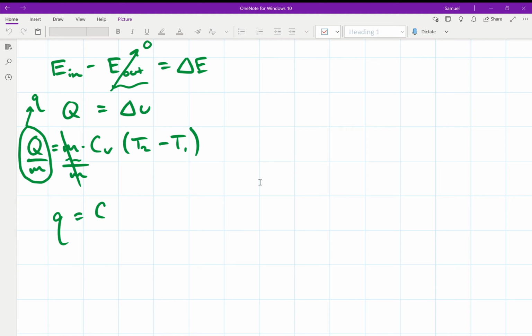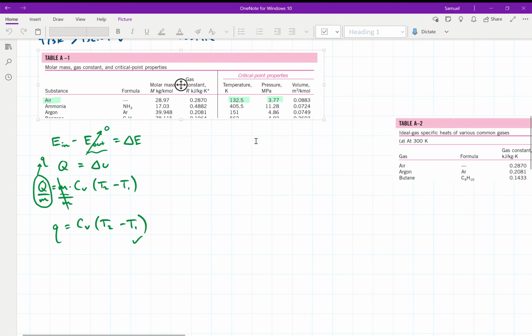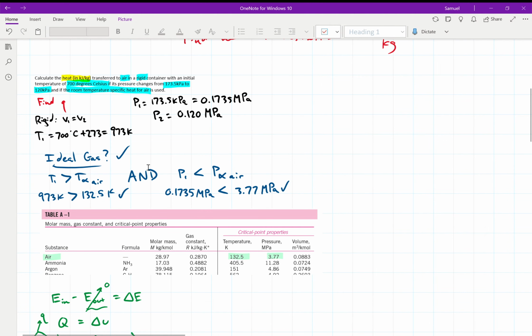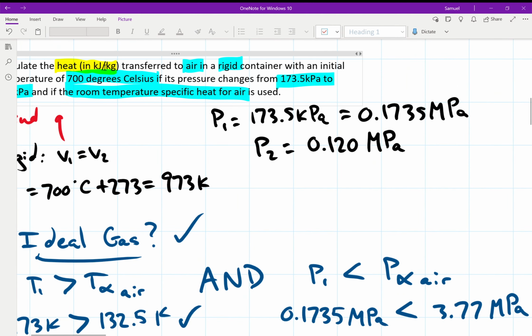And out of these variables, the only one that we have at this time is T1. We can, however, go get CV from one of our tables. Table A2. This is that piece from the problem statement where it said the room temperature specific heat for air is used.